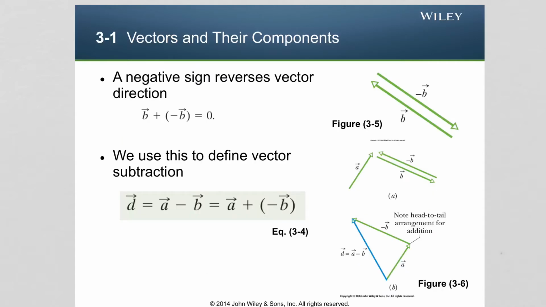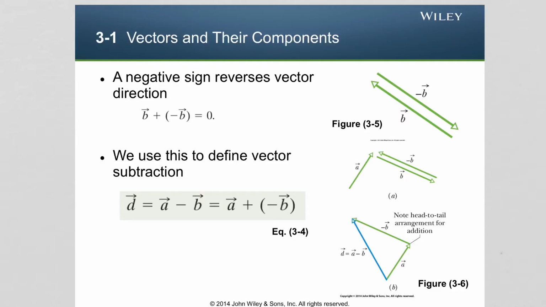A negative sign reverses a vector direction. So for example, if we have the vector b directed like so, if it's multiplied by -1, that reverses the vector direction and keeps the magnitude of the vector the same.